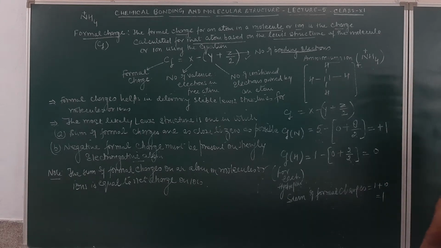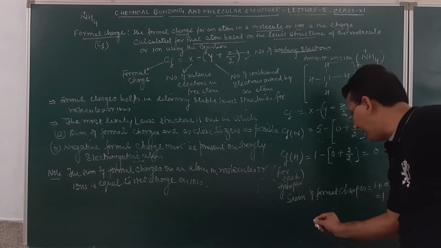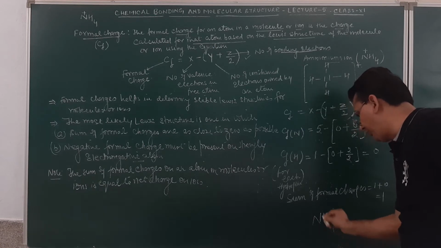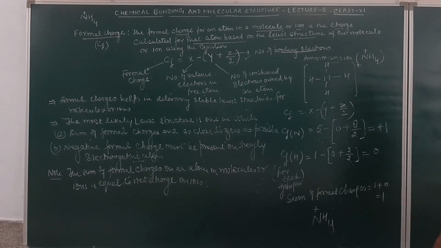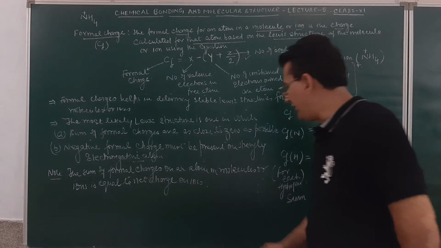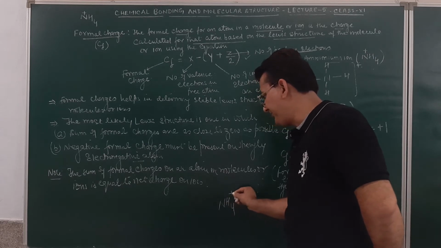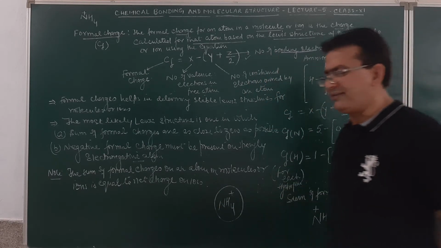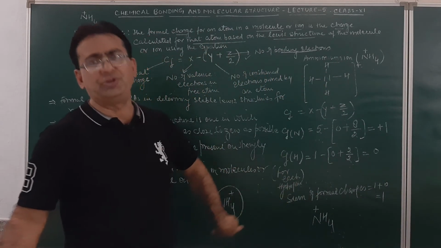And students, where is the positive charge present? On nitrogen. So how shall I write down the ammonium ion? It will be written as NH4 with the positive charge on nitrogen. Normally, many students write ammonium ion as NH4 positive. Technically, this is not correct, but we do not consider it a mistake because it is equal to the net charge on the ion.